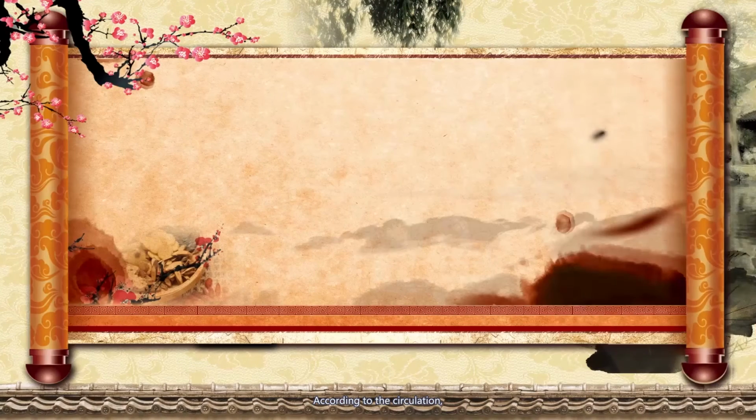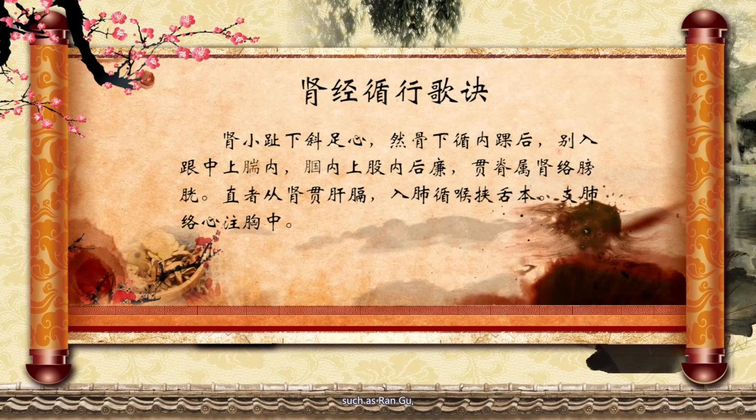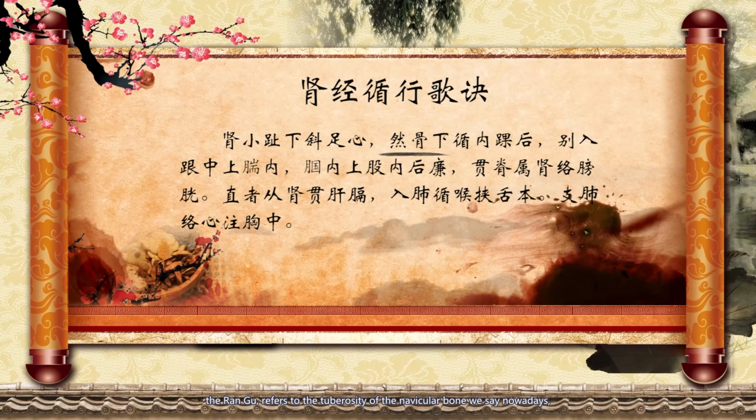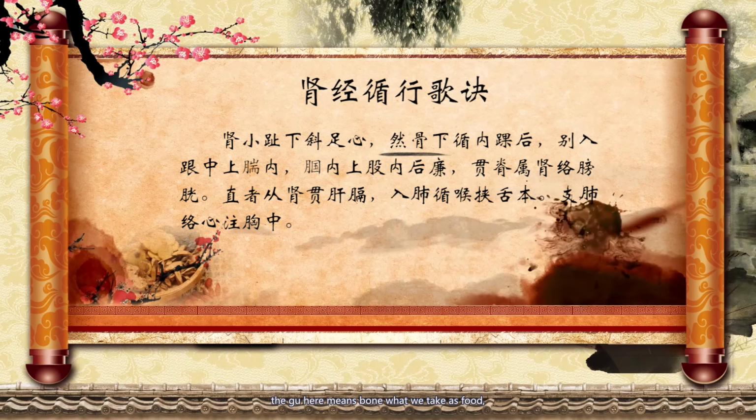According to the circulation, we should notice a few ancient words here, such as rangu. The rangu refers to the tuberosity of the navicular bone we see nowadays, and there is a point named Rangu point. The gu here means bone, what we take as food.